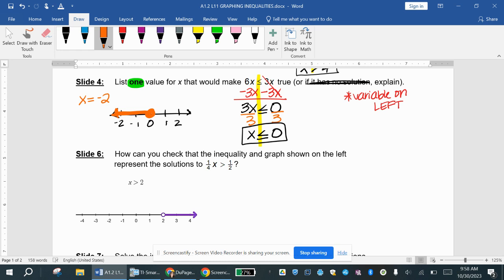Just like in equations, when you're checking if something is a solution, you can just substitute it. So when it says, how can you check that the inequality and graph represent the solutions, you can substitute.